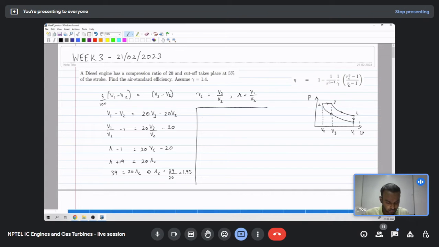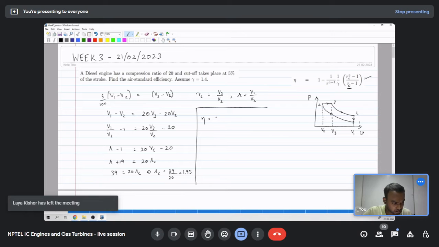Now we can substitute that in the efficiency formula, which is shown on the right. Here we have 1 minus 1 by r power gamma minus 1, into 1 by gamma, into rc power gamma minus 1 divided by rc minus 1. In the previous class, this formula had some problem, so I couldn't solve it properly, but now I got it corrected.